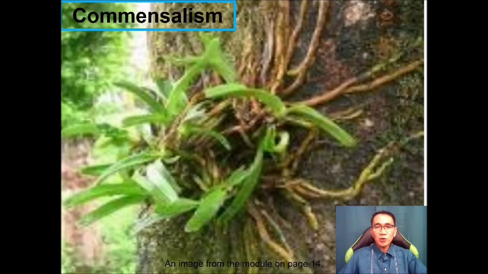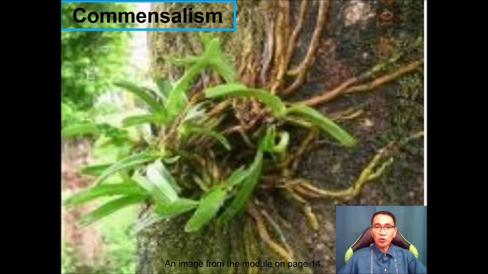A relationship where one organism benefits without affecting the other, such as an orchid that grows on a tree, is an example of commensalism. Orchids are called epiphytes, as they depend on other plants for support.